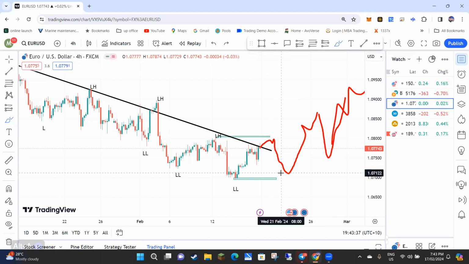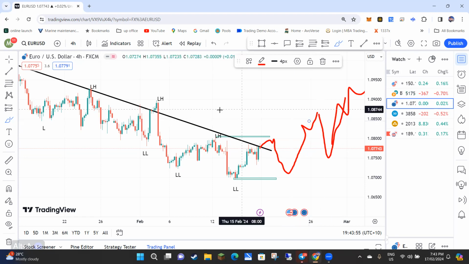What you don't want to do is get to here and go, oh, the market's going up, I'm putting a buy order in. Because once it goes above here, you've gone above this high point here, so you've formed a new higher high.